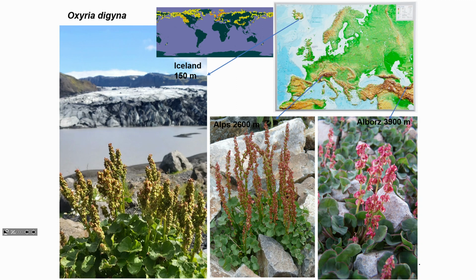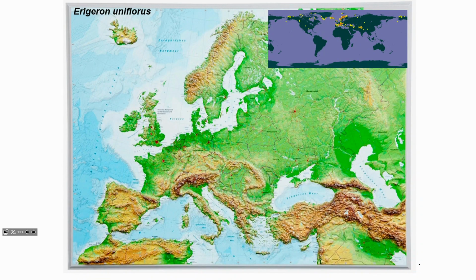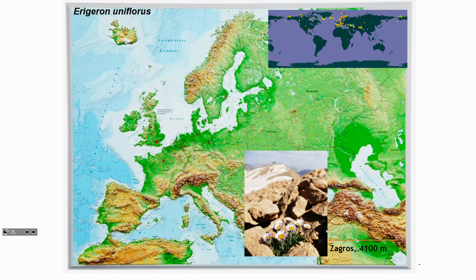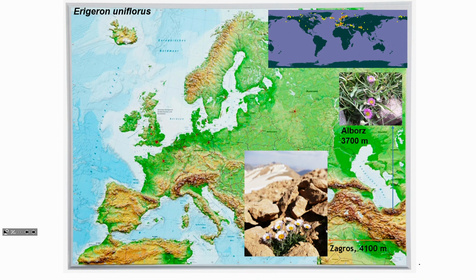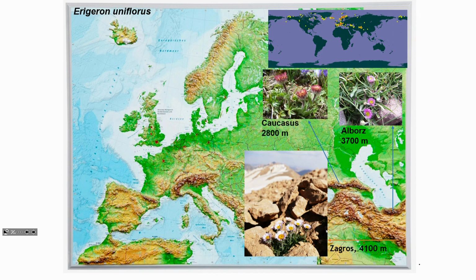But look at the elevation of their habitats in Iceland, because it's in northern latitudes, alpine habitats are at lower elevations. In the Alps, 2,600 I would say is the optimum elevation, and in Alborz, 3,600.